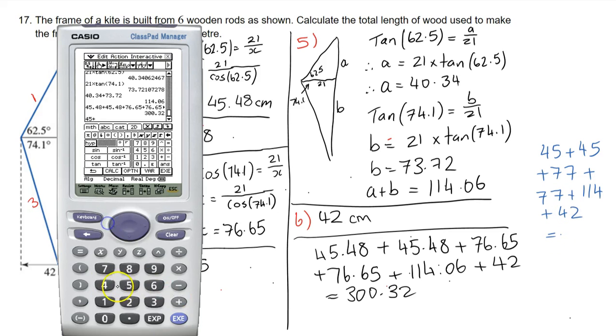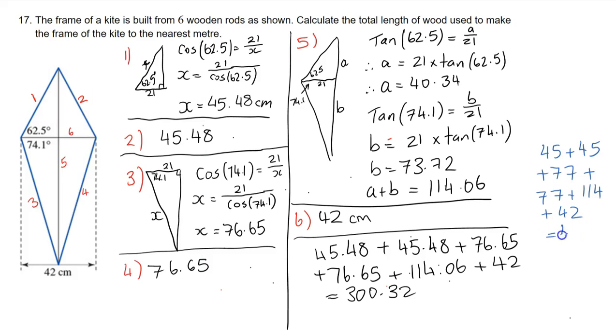Okay, so 45 plus 45 plus 77, oh, I missed, plus 77 plus 114 plus 42 gives me 400 centimetres, which is 4 metres. This one here gave me 3 metres.